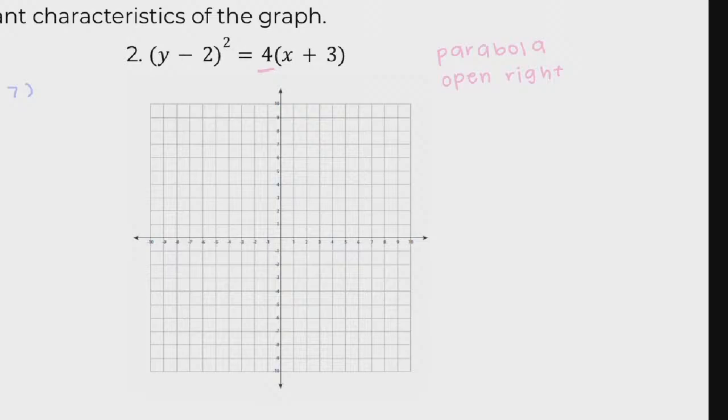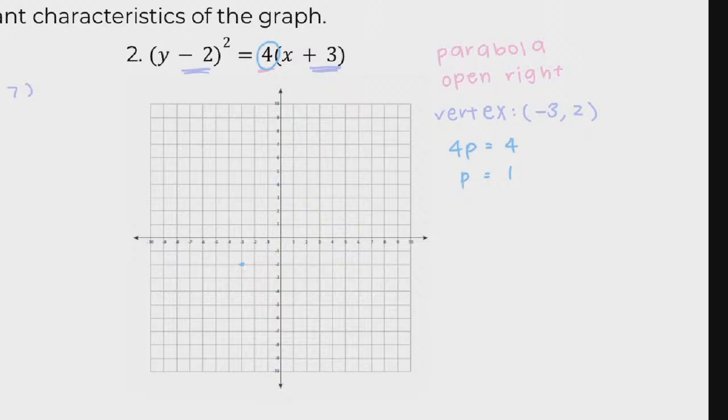Okay, so the vertex is going to be at (h, k). So this number is h, so that's negative 3, and this number is k, so that's 2. So negative 3, 2 right here. And then we have to find p. So this number here is 4p, so 4p equals 4, so that means p equals 1.